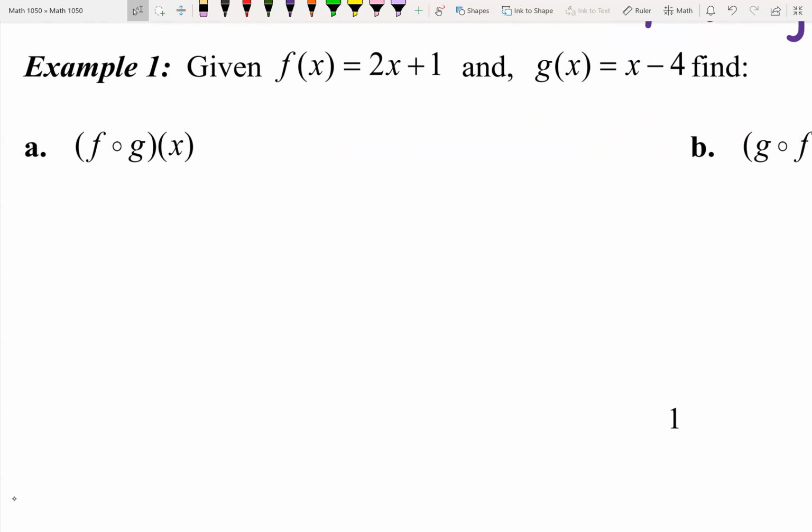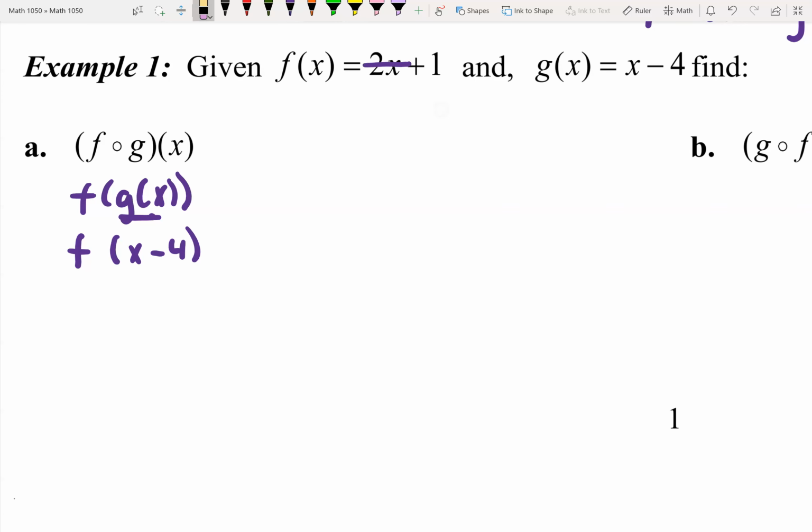Okay, so look what we're going to do. Here's question 1a. First of all, I don't like how that's written. So I'm going to write it as f of g of x. It's the same thing. Then I'm going to take this g of x and replace it with what g of x is, which is x minus 4. So I'm finding f of x minus 4. And now we're back to what we just did a minute ago.